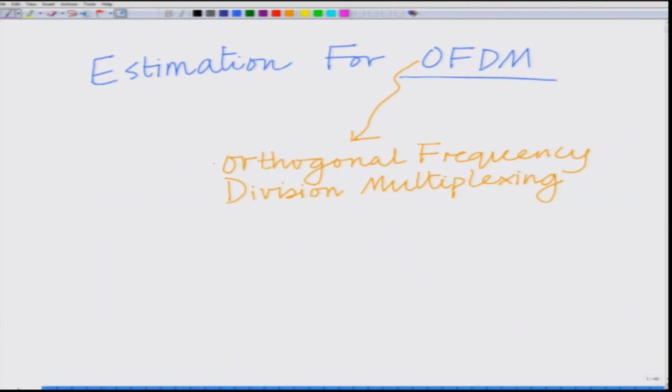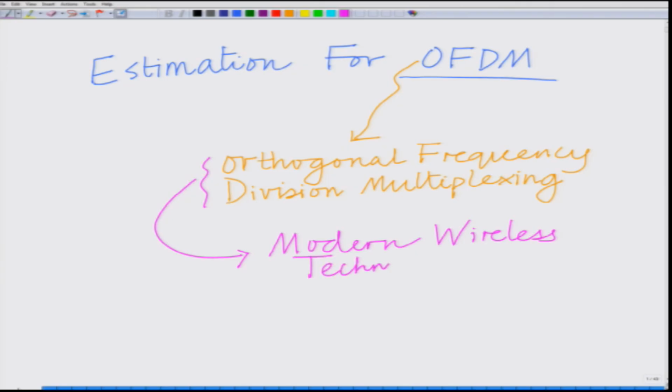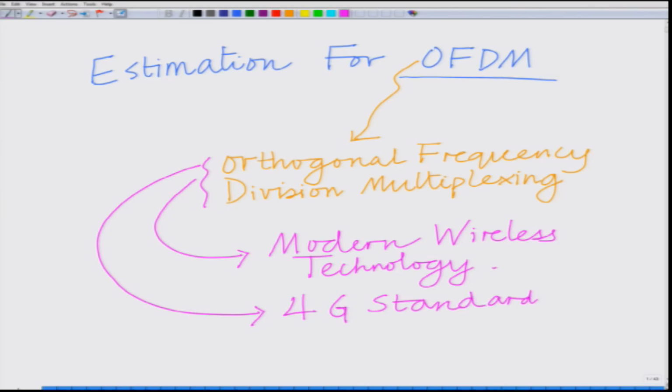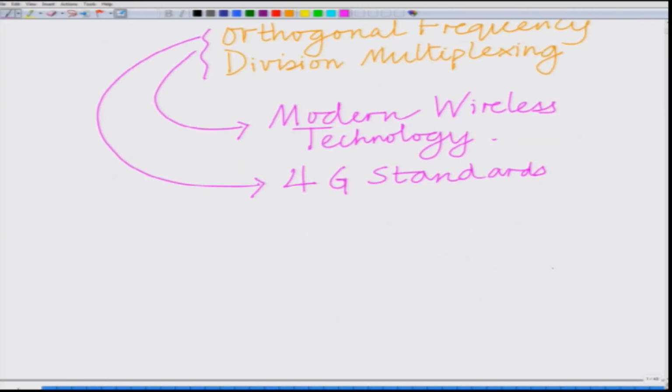So, OFDM is a very modern wireless technology, the latest wireless technology, and this is used in 4G standards such as the 4th generation cellular standard, for example, your LTE, which stands for long term evolution.